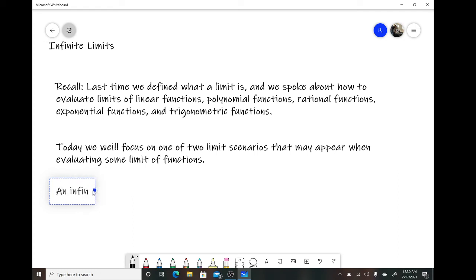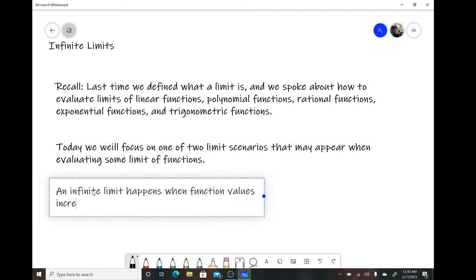So an infinite limit happens when function values increase or decrease without bound near a point.